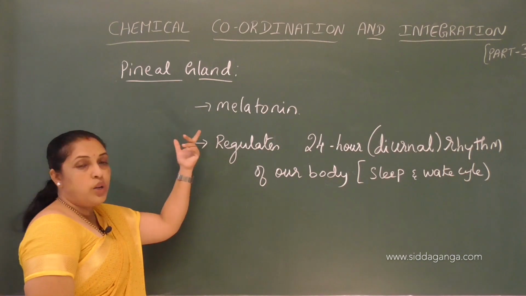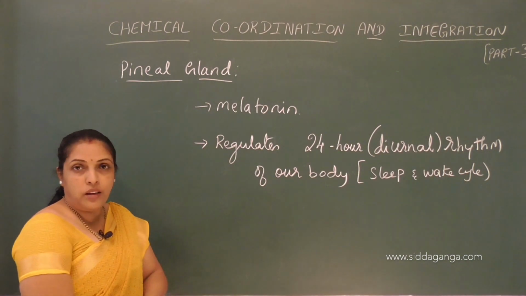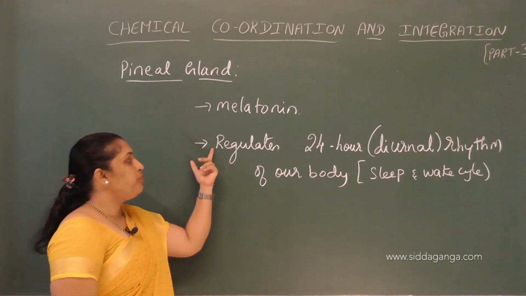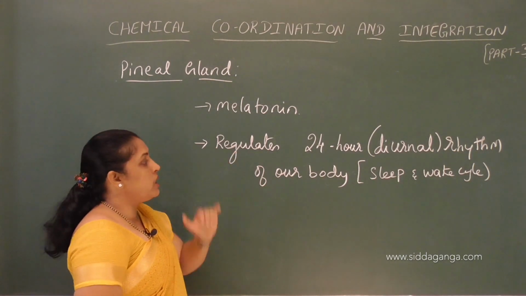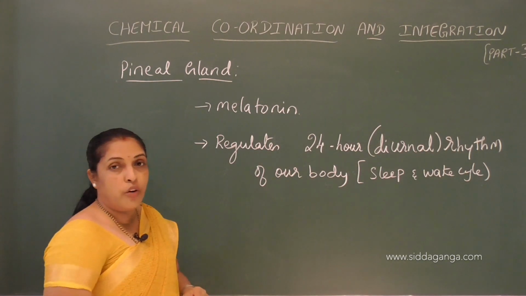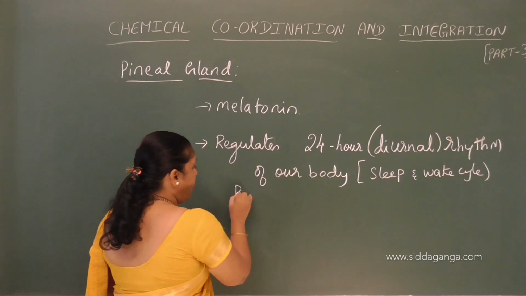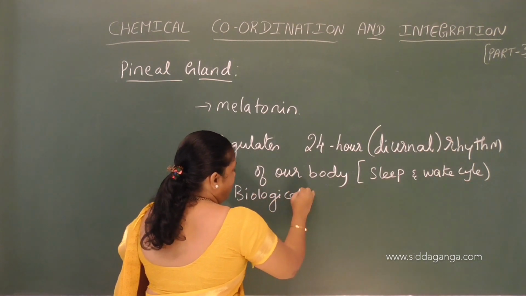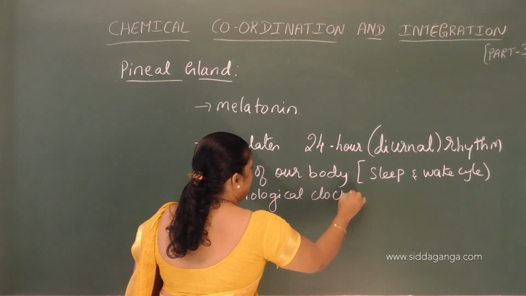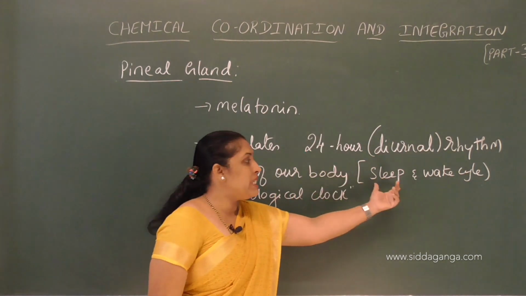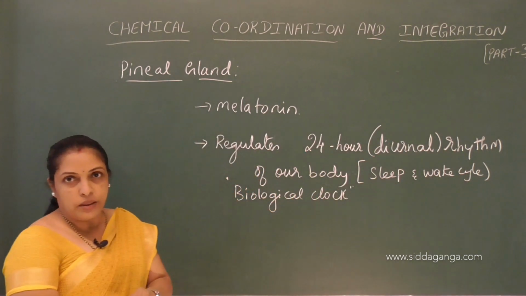So this melatonin is produced by the pineal gland, which is present in the dorsal side of our forebrain. It regulates the 24-hour rhythm of our body, the diurnal rhythm. In that way it acts as a biological clock. That means it helps to regulate the sleep and wake cycle. Understood?